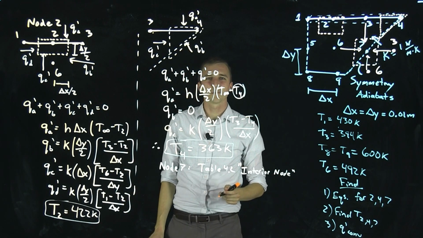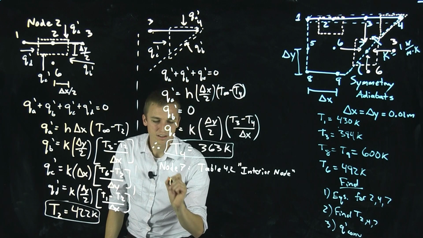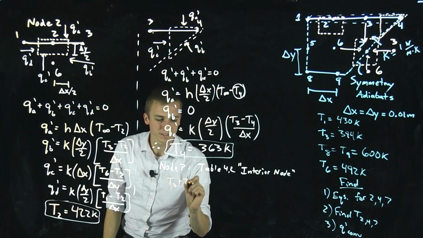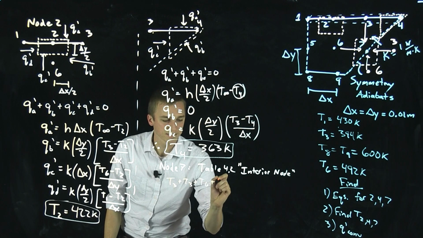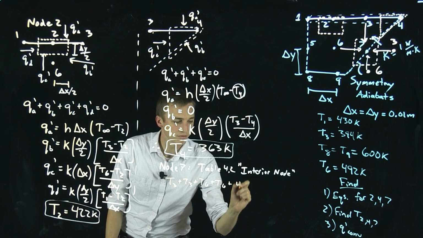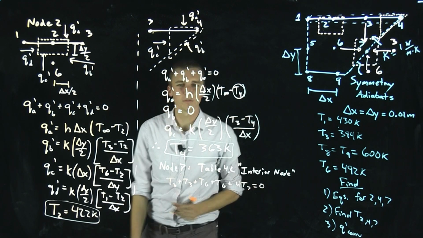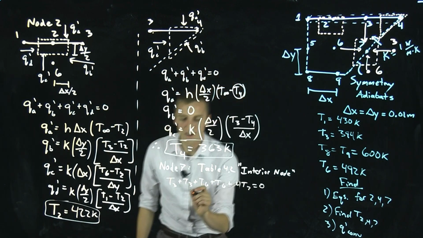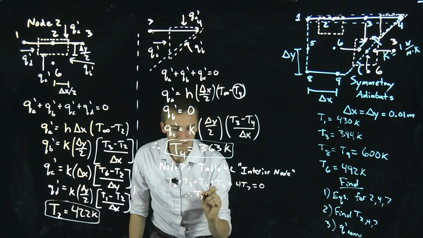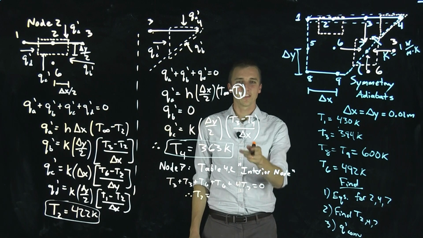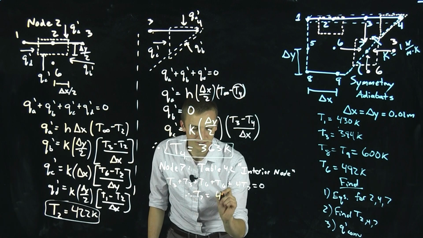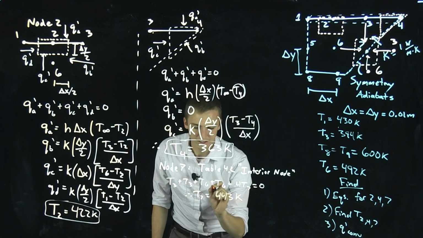And then we look up the equation, and all we're going to get is T3 plus T3 plus T6 plus T6 plus 4 times T7 equals 0. Okay, now it just remains to solve for T7, which is easy with this equation, and we get 443 Kelvin.